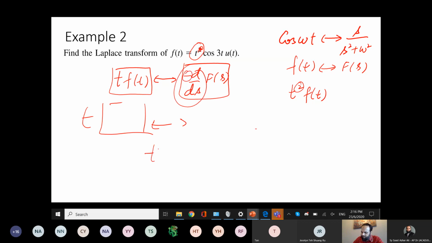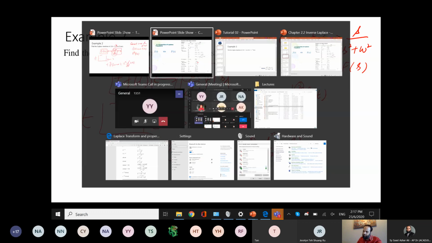So basically, t to the power n f(t) relates with minus 1 to the power n times the nth derivative of F(s). Right?